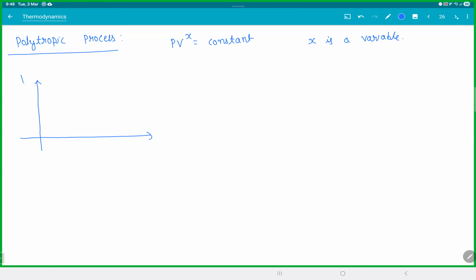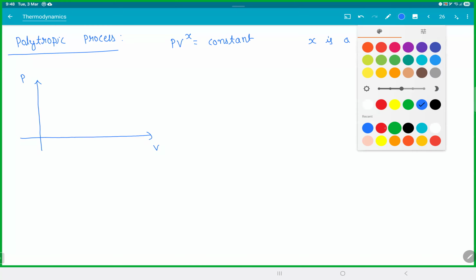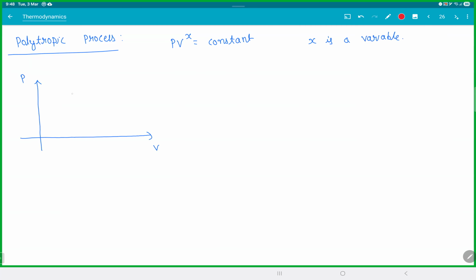See, in a PV graph, if I put x is equal to 0, what do I get? If x is equal to 0, then P is equal to constant. So if you put x is equal to 0, you get an isobaric process. If I put x is equal to 1, then I get an isothermal process. So by changing the values of x, I can create different processes. If I put x is equal to gamma, I get an adiabatic process.